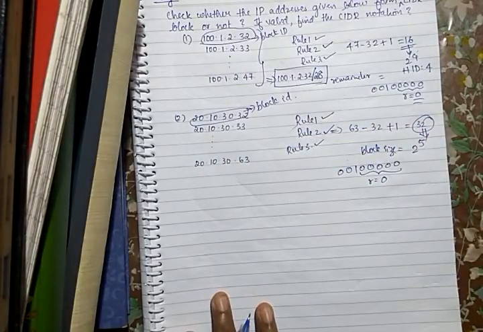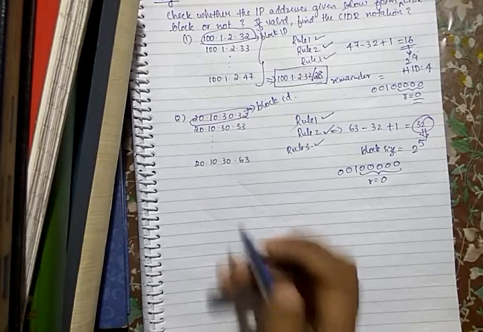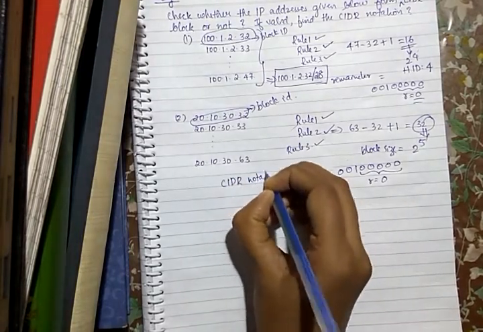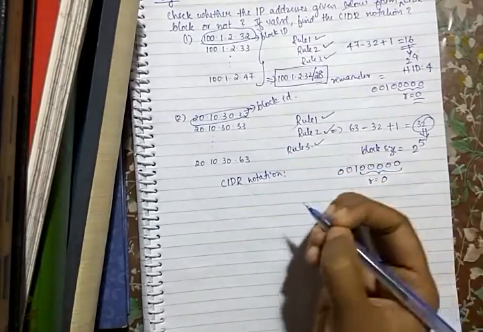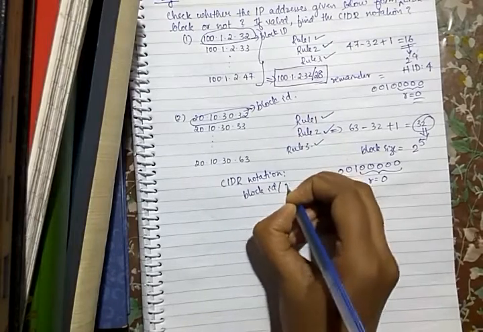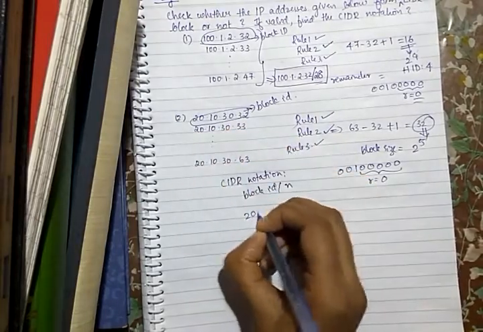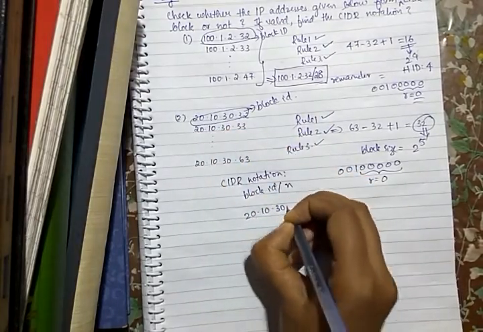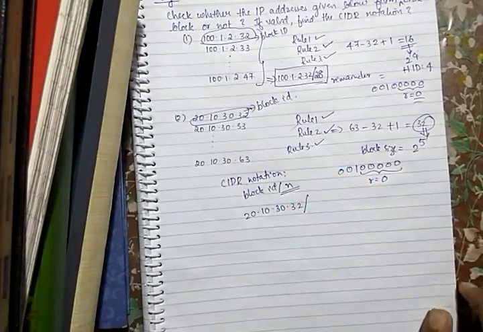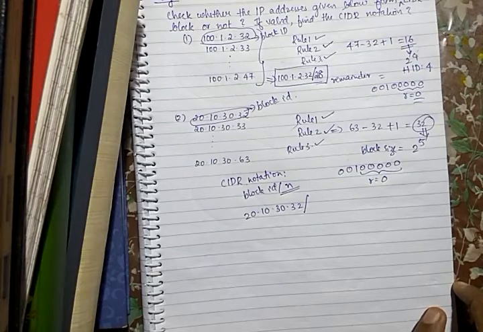Now, if it is a valid address, you have to come up with the CIDR notation. So tell me, what is CIDR notation? The CIDR notation is block ID slash n. So what is a block ID? 20.10.30.32 slash, and this n is nothing but how many bits are there to represent a particular block.